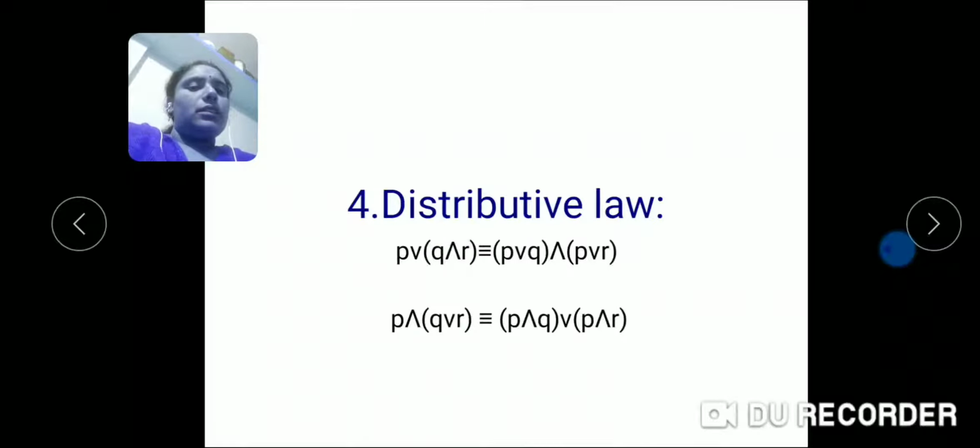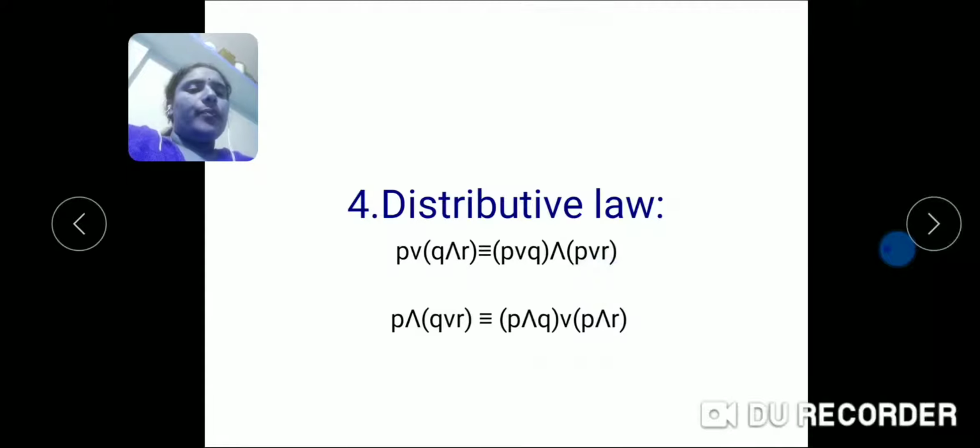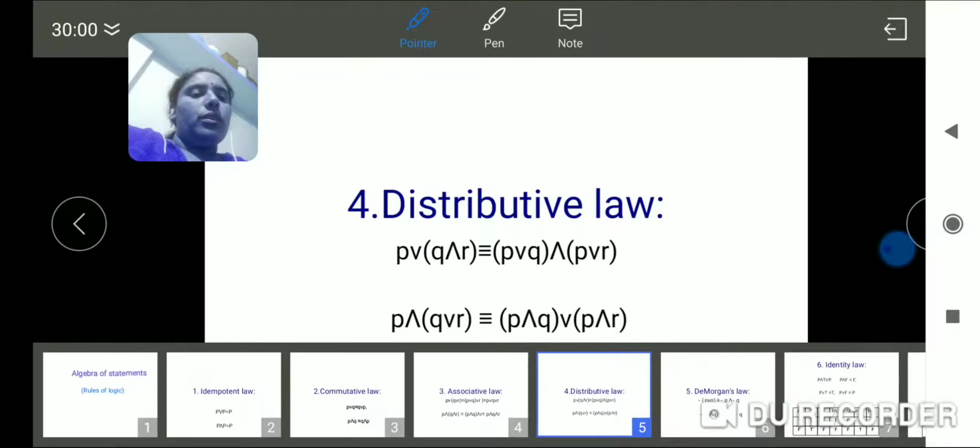In this case we have to take separate two brackets as P or Q and P or R. Similarly, P and Q or R is logically equivalent to P and Q or P and R. This is said to be distributive law.